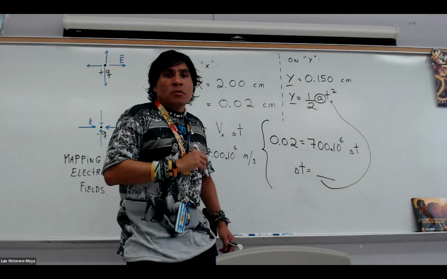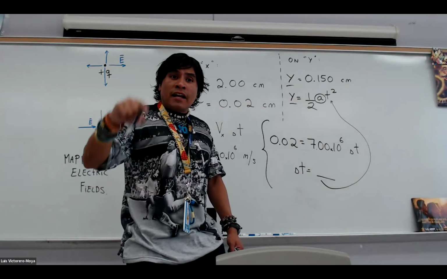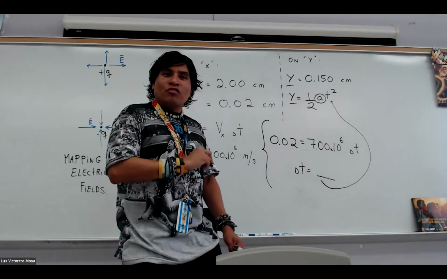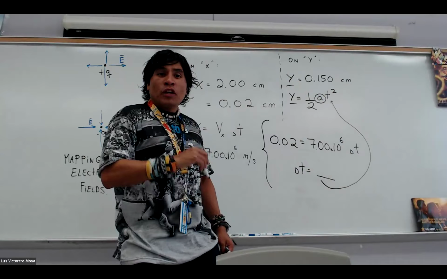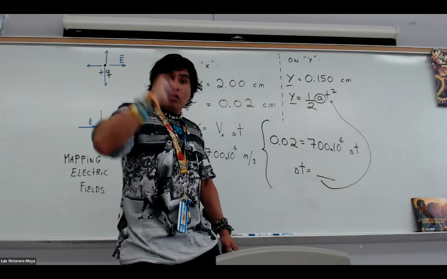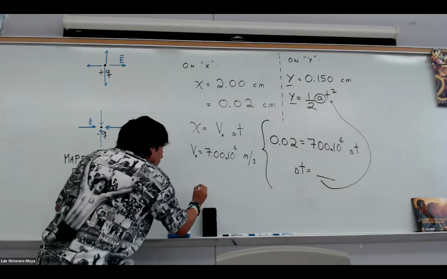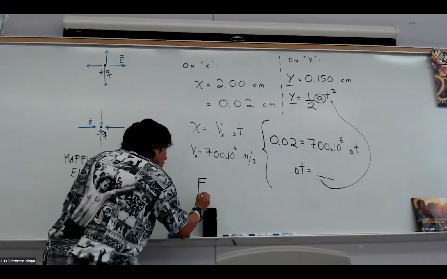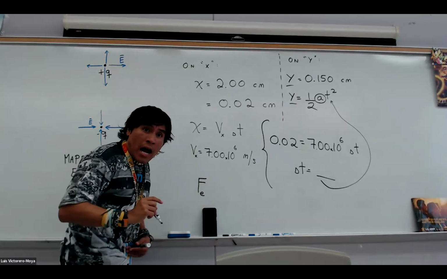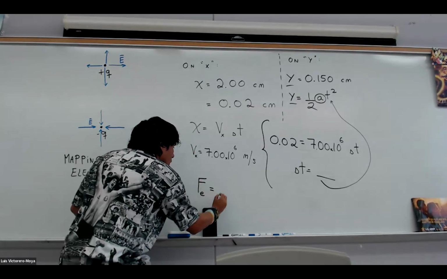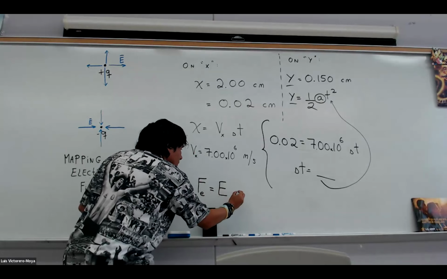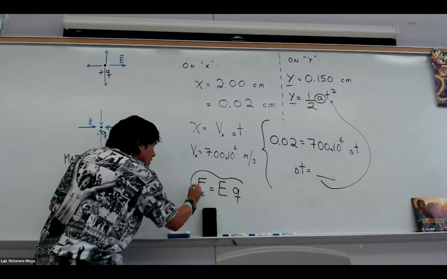Why do you care about the acceleration? Because mass times acceleration is equal to electric force. And what's electric force if you have the electron charge? Well, guys, the electric force for a point charge is equal to the electric field times the charge. You need this equation.